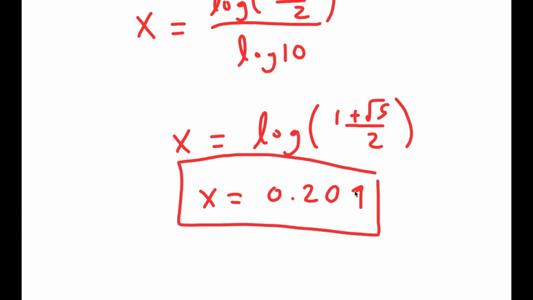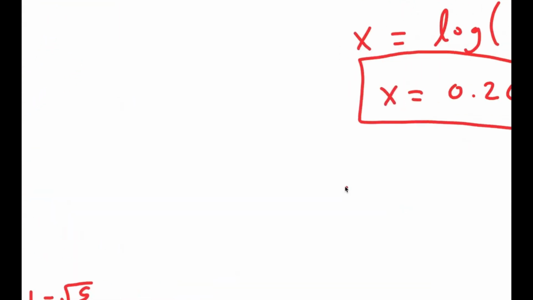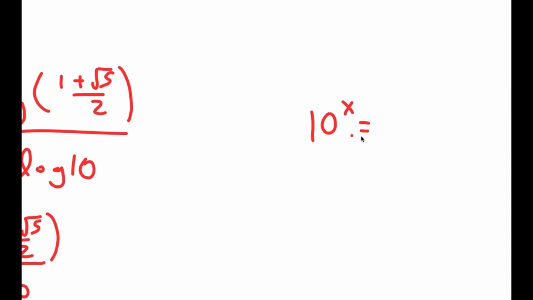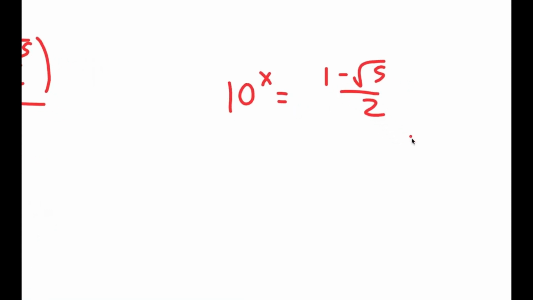So this is one solution of x. However, don't forget that we have the equation 10 to the power of x is equal to 1 minus the square root of 5 over 2.